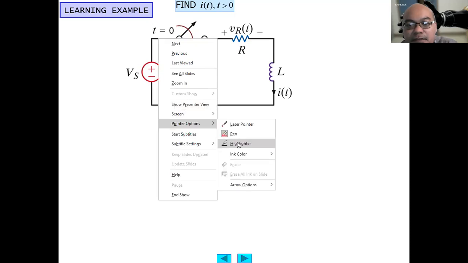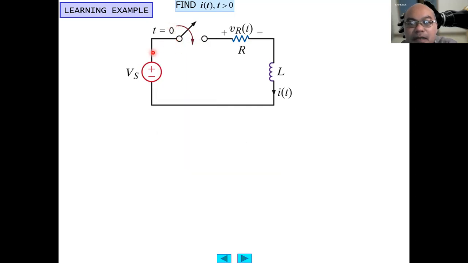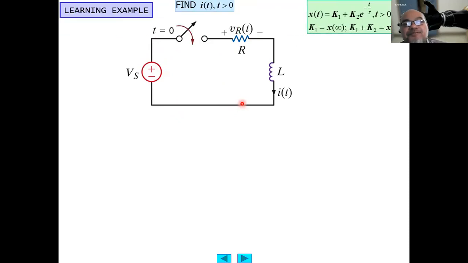So it means that at T equals 0, current starts to flow. In inductance, what is continuous is the current. Remember this basic form of the solution.